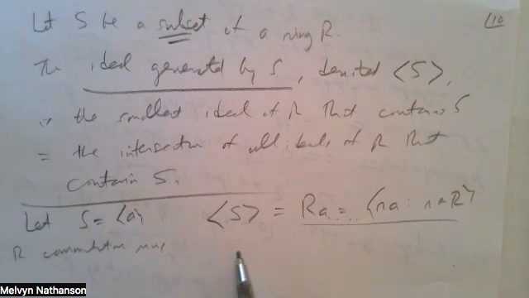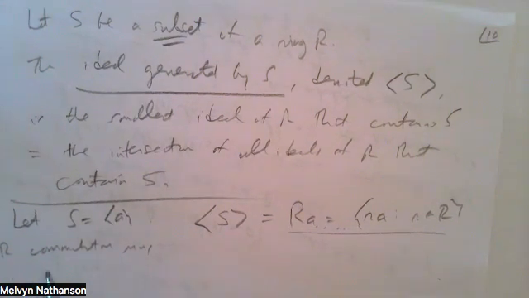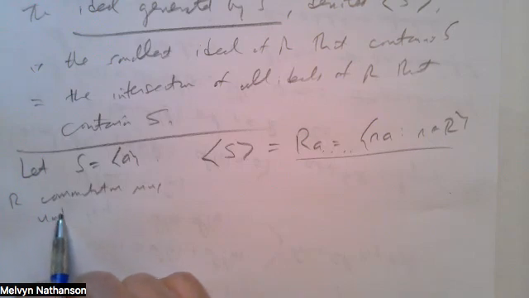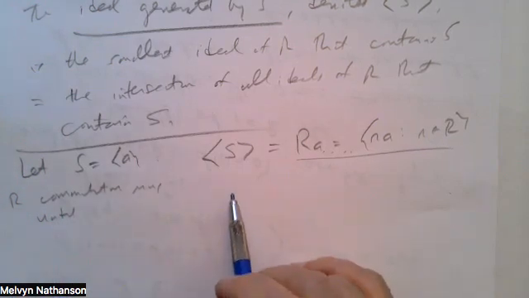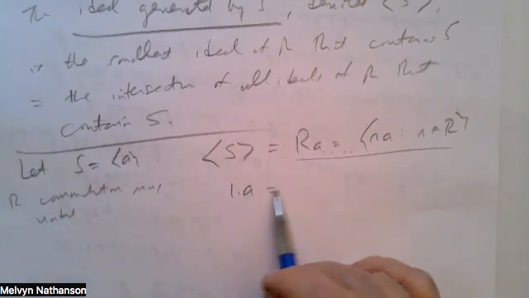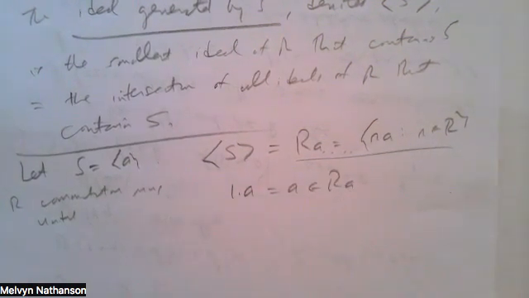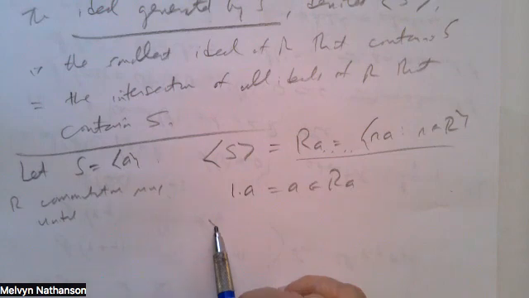So notice that R, let's say, is unital, that has a 1 in it. So 1 times a, which is a, is in this set. So Ra contains a.